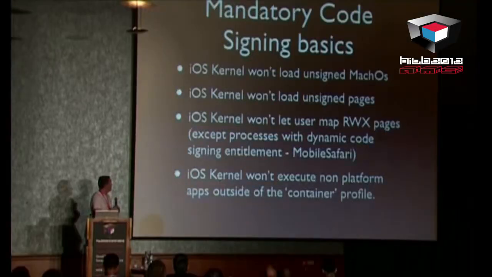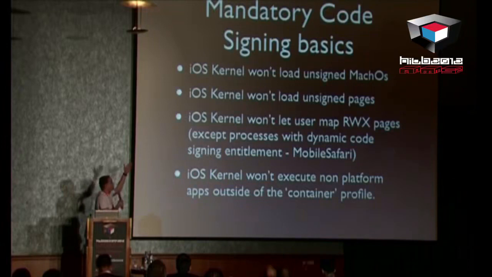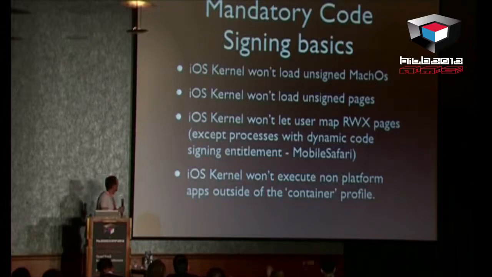Also, it will refuse to load unsigned pages. So the first one is the kernel Mach-O loader. The second one is in the handling of the memory. Also, the iOS kernel won't let the user map writable and executable pages at the same time.